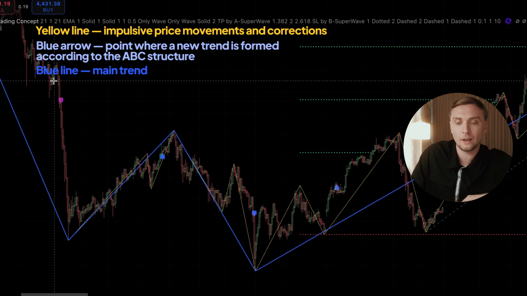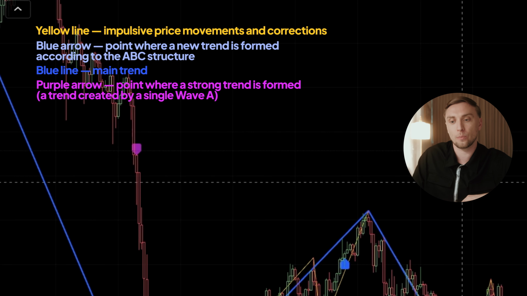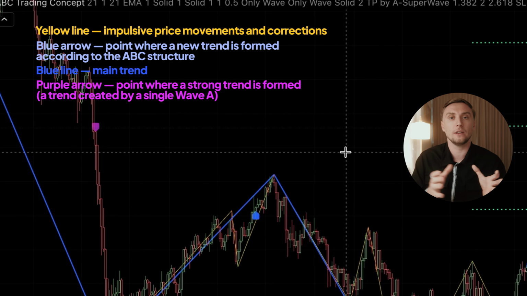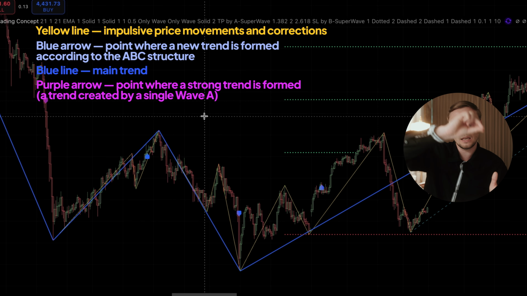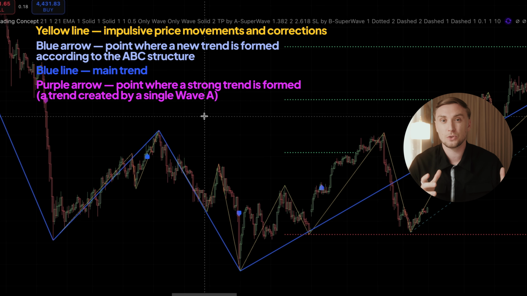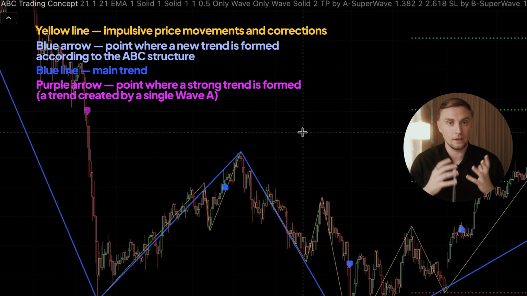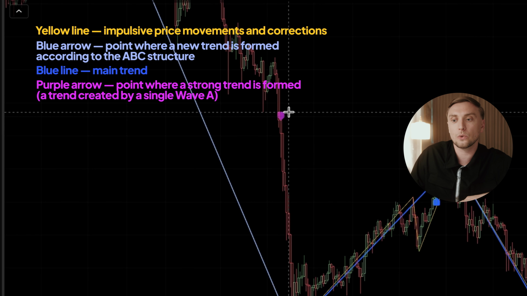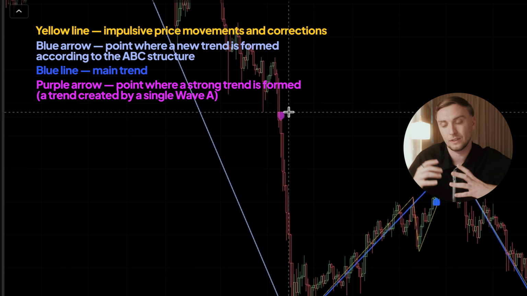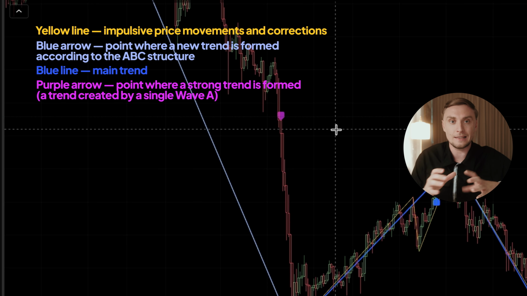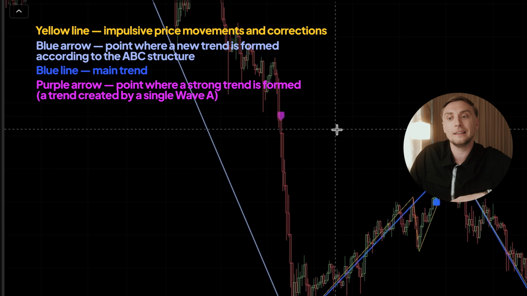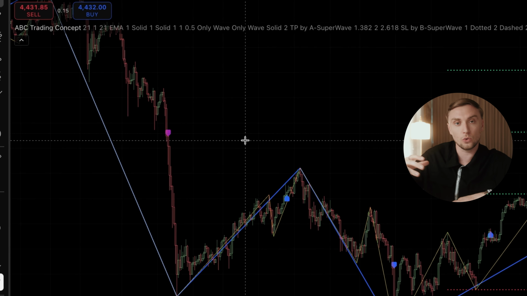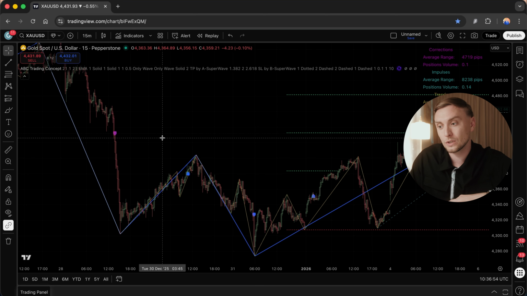One of them is blue, and the second one is purple. Sometimes the market creates a new trend in a more organic way by using the three-wave ABC pattern, but sometimes the market is so aggressive, and the movement is so aggressive, that it will create a new trend for us with just one wave A, without any bigger correction. That's why it's a different type of trend, and we'll trade them in different ways. That's why the indicator also marks what kind of trend was created.